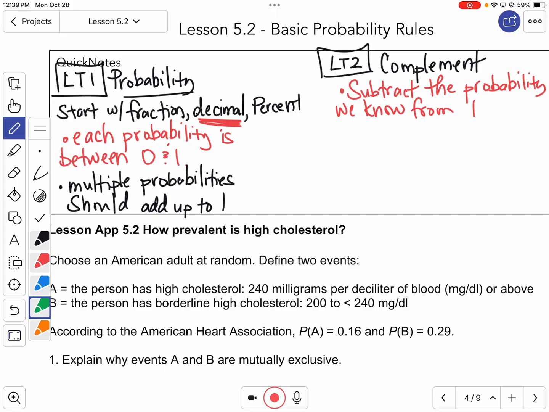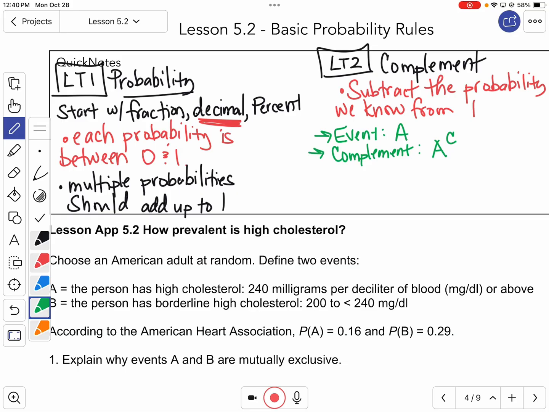Now here's some new notation. If the event we're using we call A, could be rolling a 2, rolling a 3 on a dice. Its complement will be referenced like this. A with what looks like a C up there in the exponent piece.